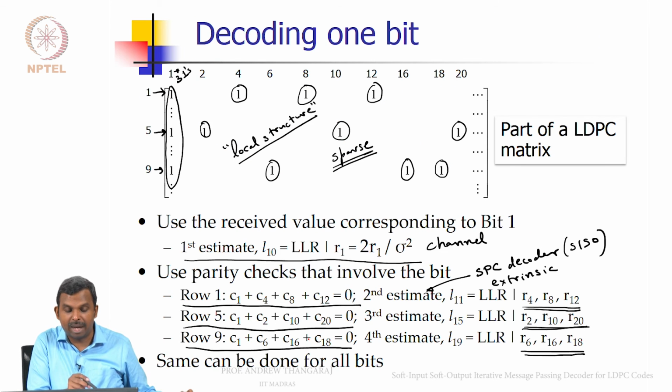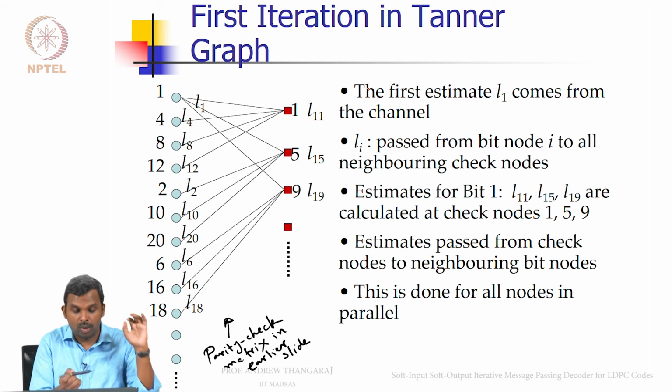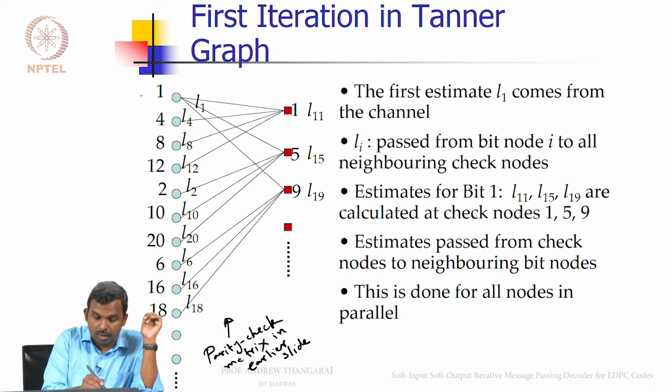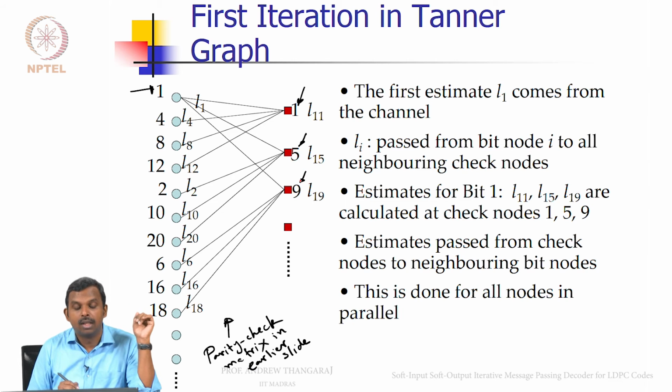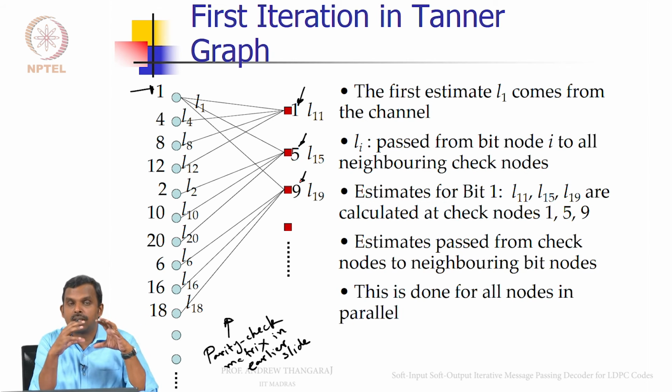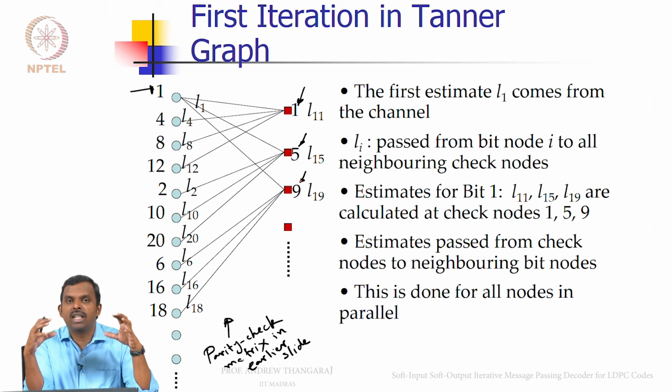This is the parity check matrix. You have row 1 connected to column 1, column 4, column 8 and column 12. If you go back to the Tanner graph, you have bit node 1 connected to check node 1, check node 5 and check node 8. So, this local structure computation is very conveniently captured in the Tanner graph.